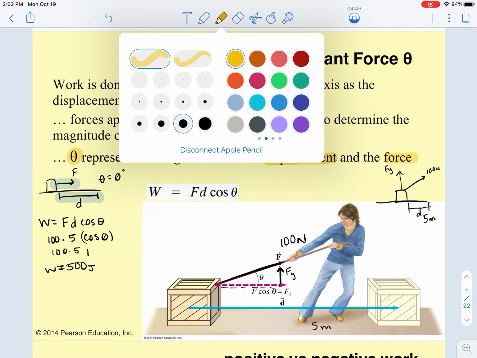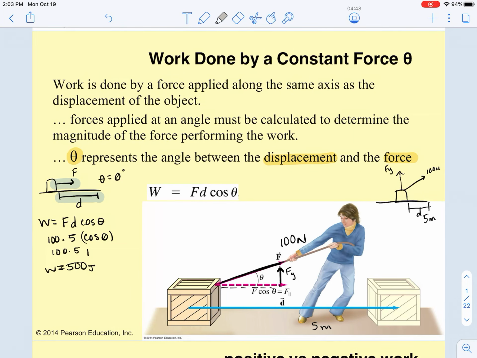So let's look at this illustration. The displacement is right here along the horizontal axis. The force that we are analyzing in this case, the vertical component, is along this axis. Those two vectors are at a 90-degree right angle to each other.